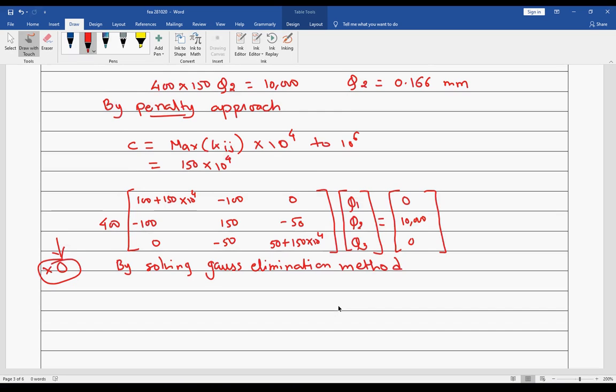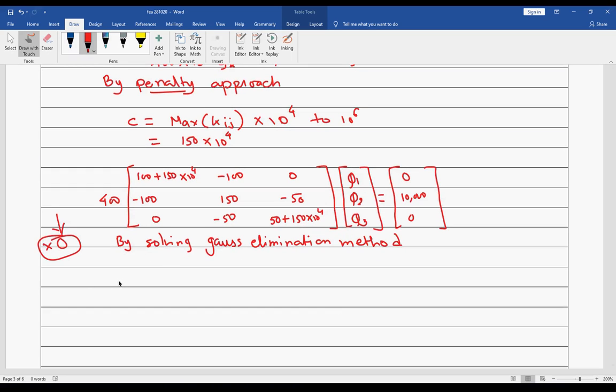Okay, so currently you can use your program, and now I am interested in knowing the value of Q1, the value of Q2, and the value of Q3. So just use the program and try to provide me those values, please.